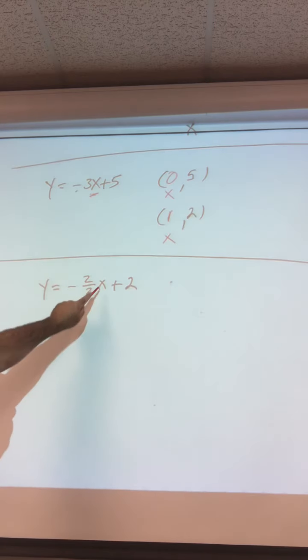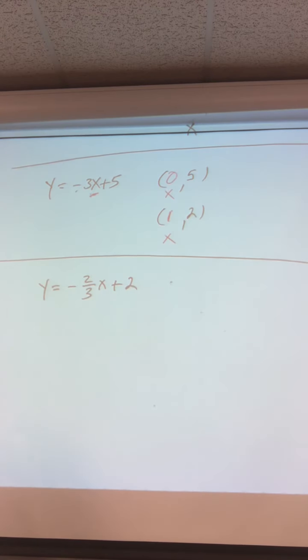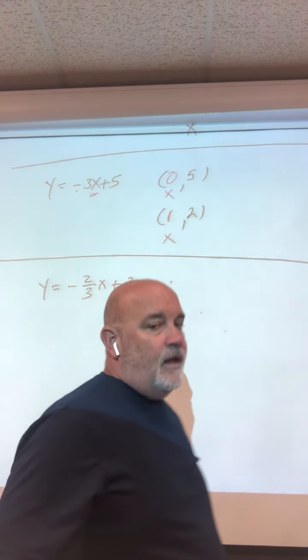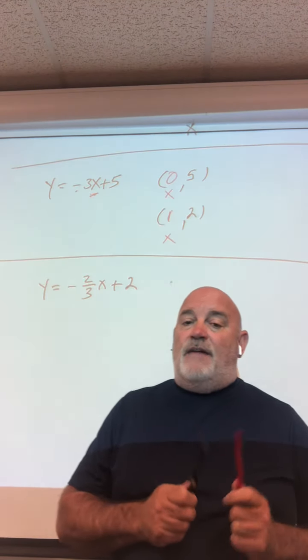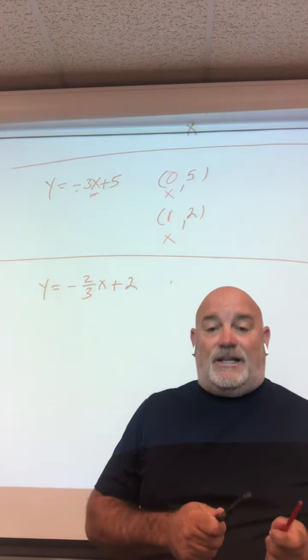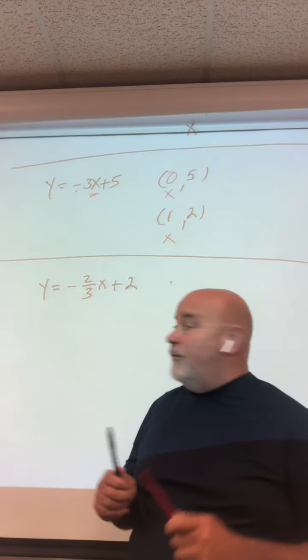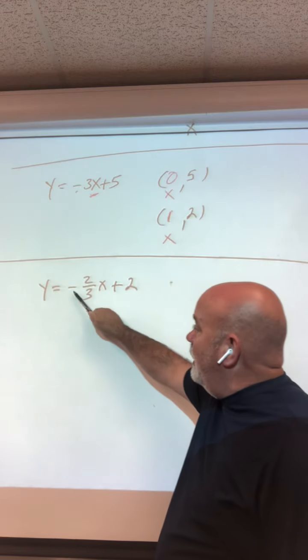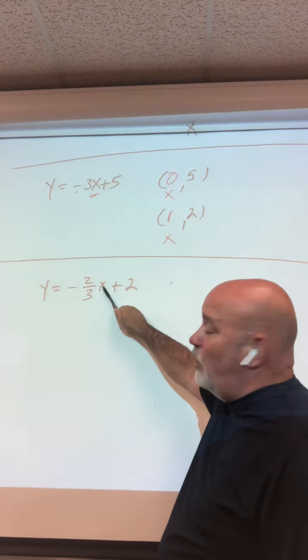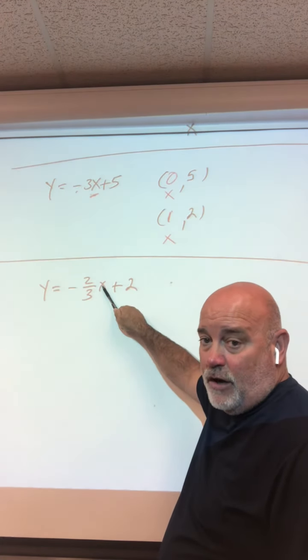You say, well, are we still going to plug numbers in for x? Yes. Can we plug any numbers we want to in for x? Yes. Here's the problem. Remember, the computer doesn't have the ability to be able to plot fractions. So, for instance, if I let x be 1 right here, negative 2/3 times 1 is negative 2/3.